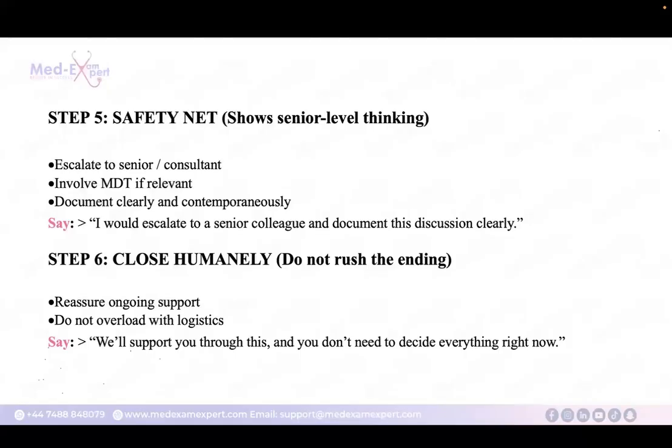I would escalate to a senior colleague and document this discussion clearly. And do not rush to the ending. Reassure ongoing support, right? Do not overload with logistics, saying we will support you through this and you don't need to decide everything right now, okay?